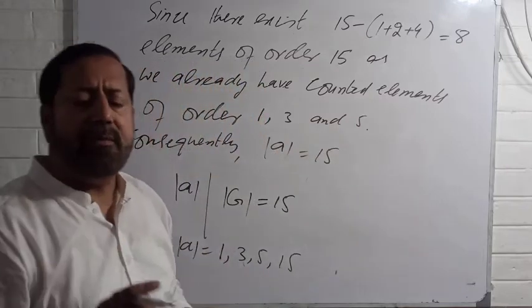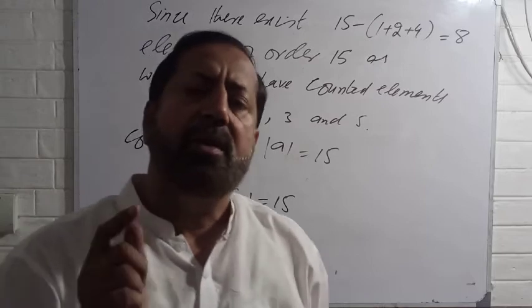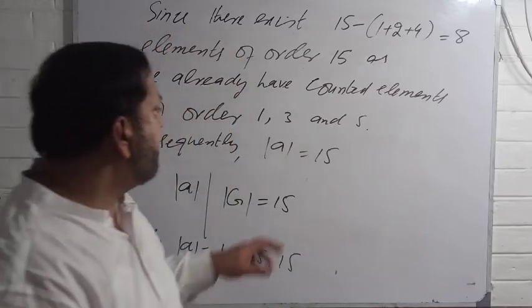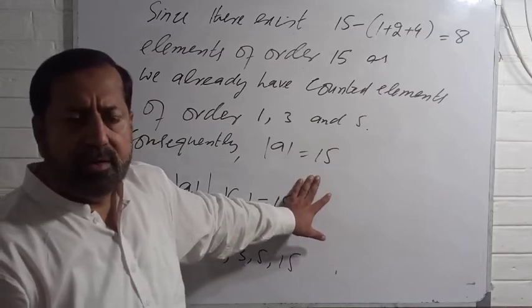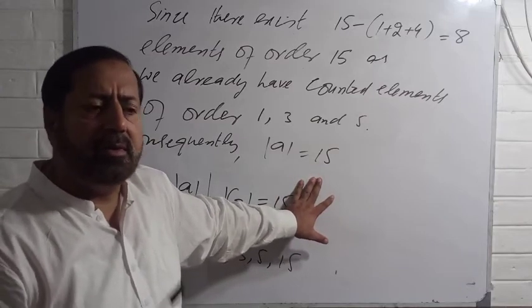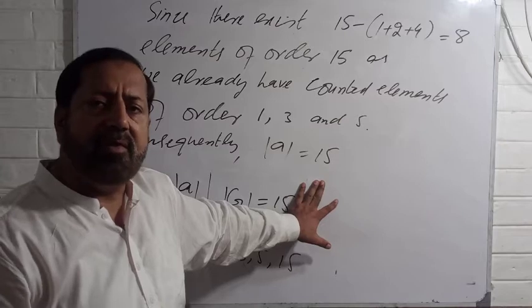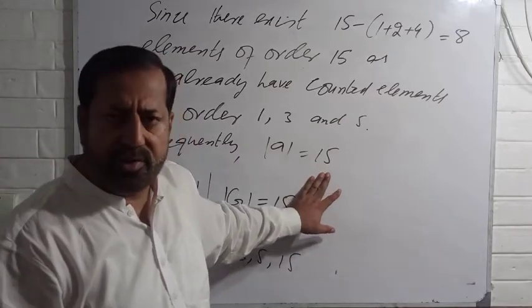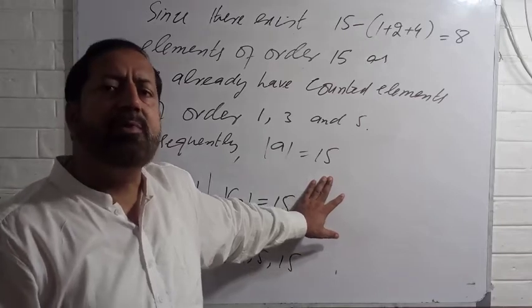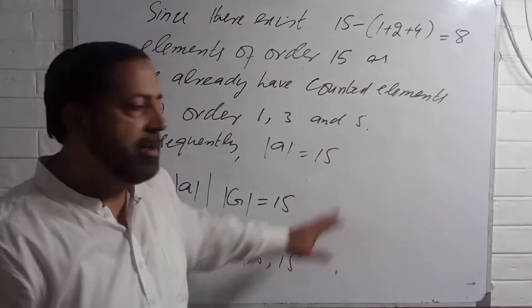And also you can verify that there exist such 8 elements. The order of the generator is in fact the order of the cyclic group. Since order of A is equal to 15, A must be the generator, and the corresponding group G is in fact the cyclic group, right?